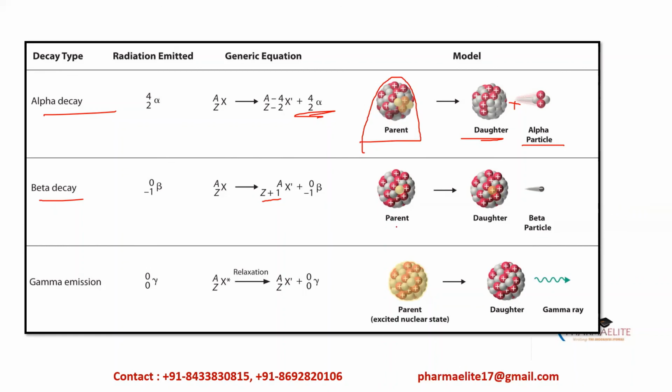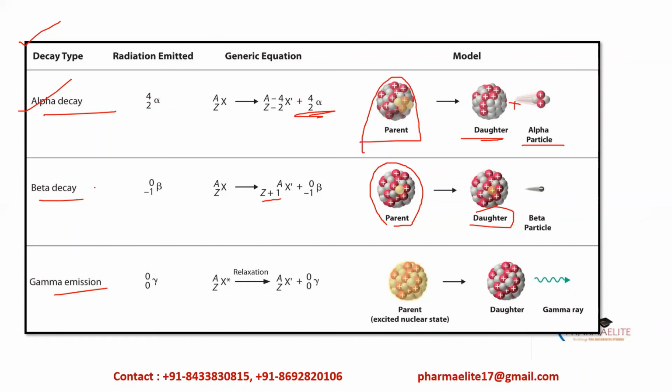Then the parent, which is an unstable one, gives rise to a stable nucleus and a beta particle, and this is a gamma emission. So this picture is a generalized one of all the 3 decays which we have learned. Let's just revise. Alpha particle means we will have an alpha particle released.